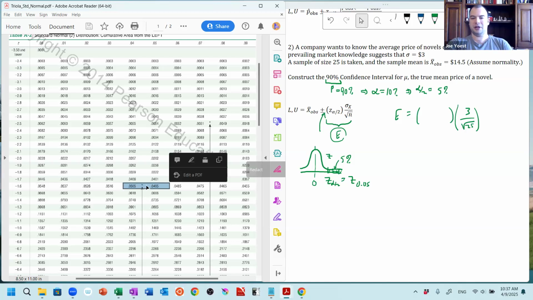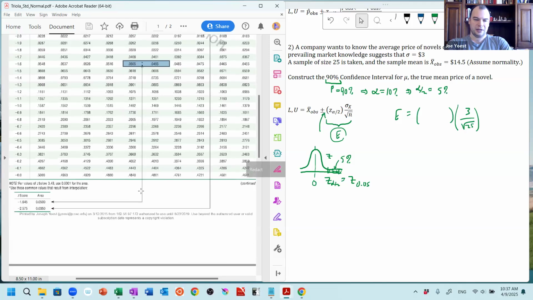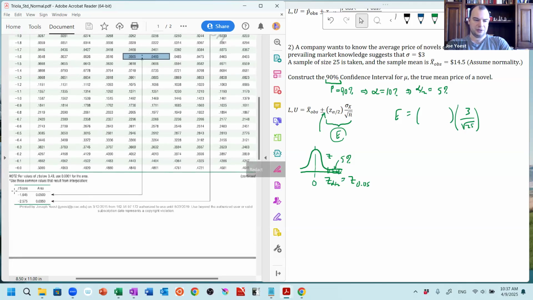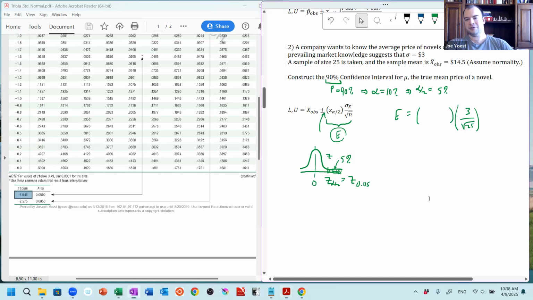Remember, we're using symmetry, so area to the left of 5%, and that falls right between these two. And I see the note down here, it says use negative 1.645 as your Z index. So there's 5% area to the left of negative 1.645. Well, then there's 5% area to the right of positive 1.645.